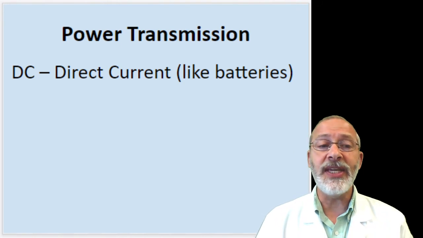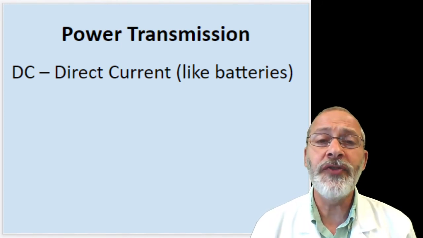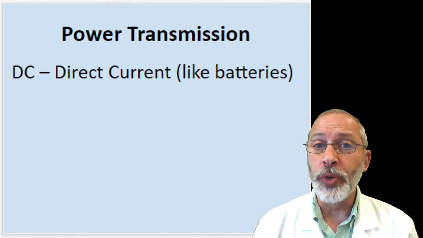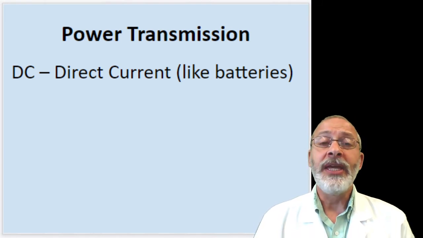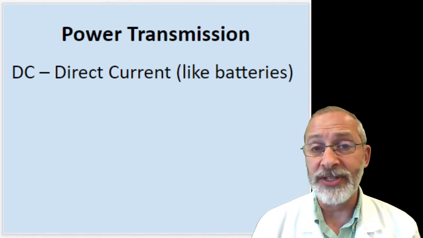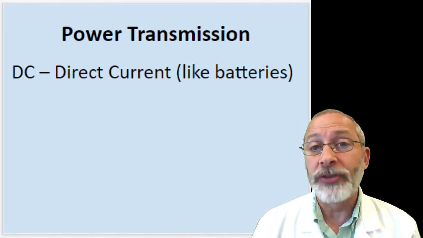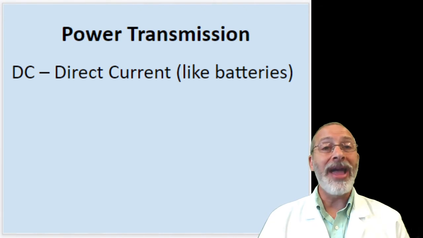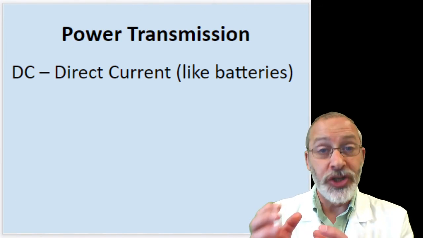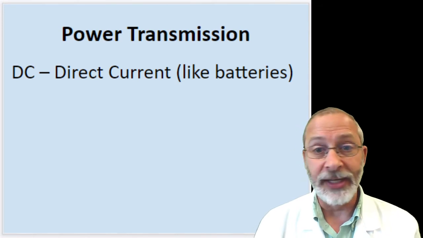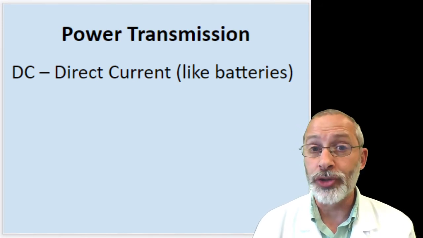Well, DC stands for direct current. You are familiar with direct current in the form of batteries. If you have a device that operates with batteries, that's direct current. It's going directly from that energy source, a battery, to the device that is utilizing it. It's a direct flow of electricity.